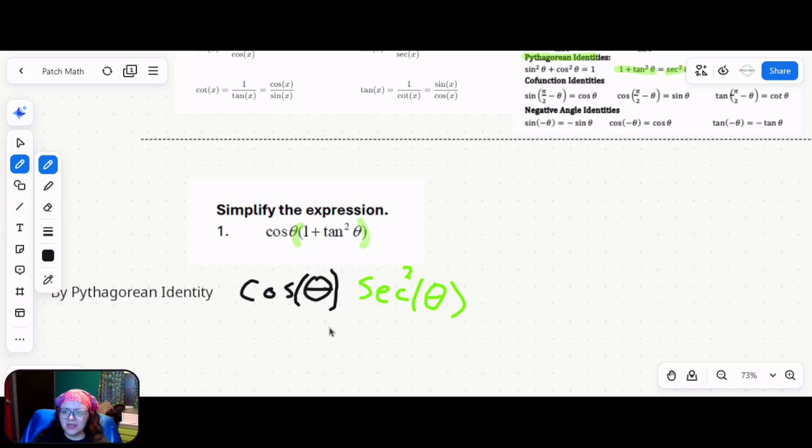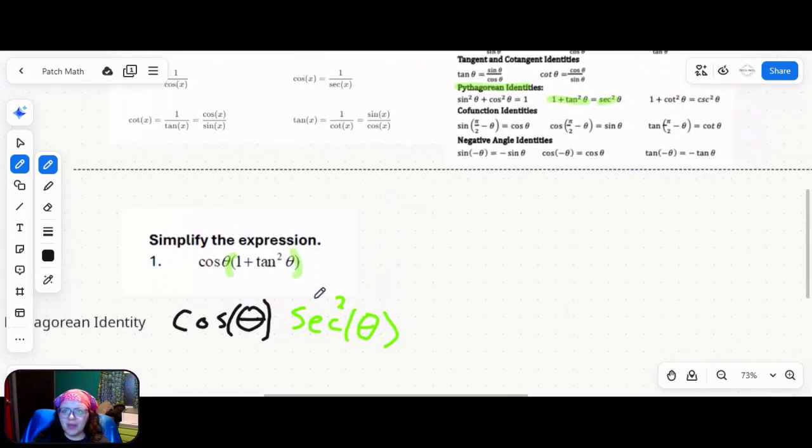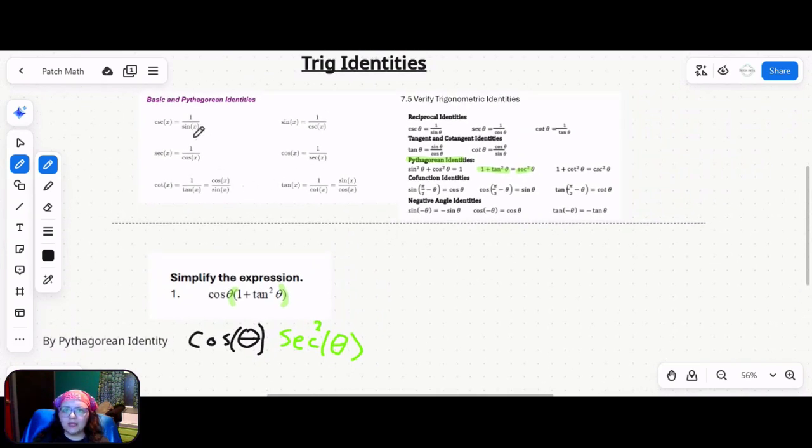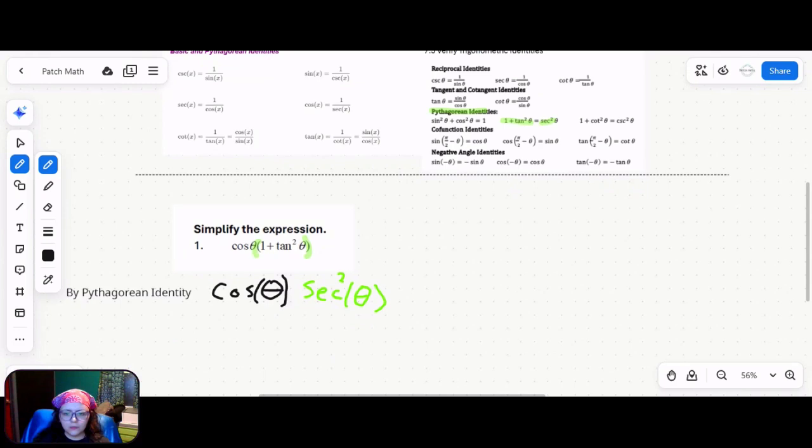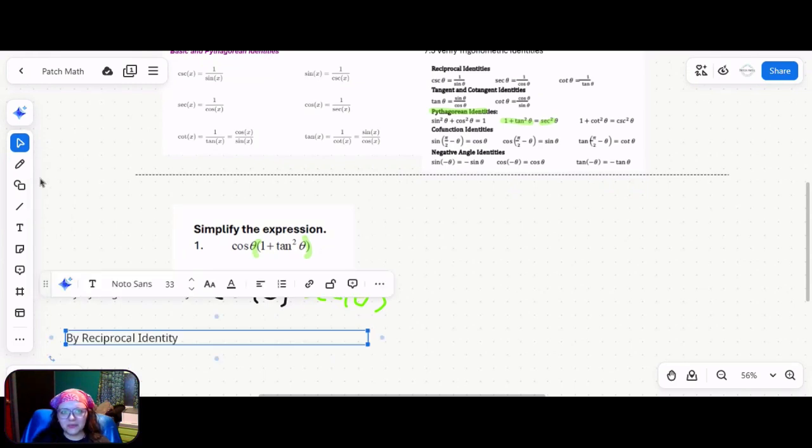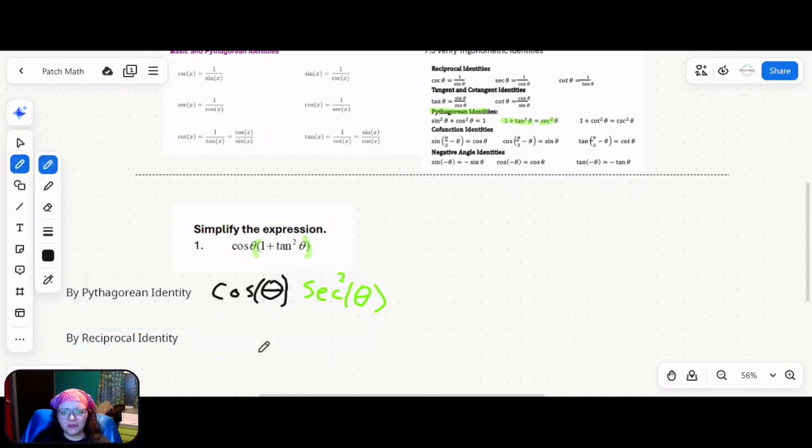Now that we have that written out, we know by our reciprocal identities that secant is equal to 1 over cosine. In this case, that means secant squared is also equal to 1 over cosine squared. So, by the reciprocal identity, we know that our cosine is going to remain the same here.